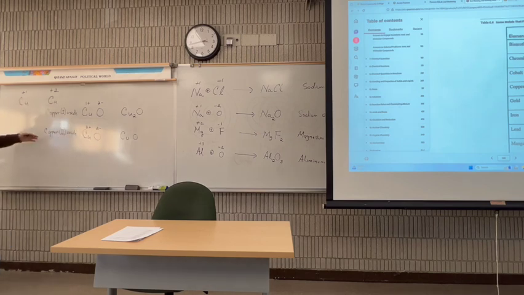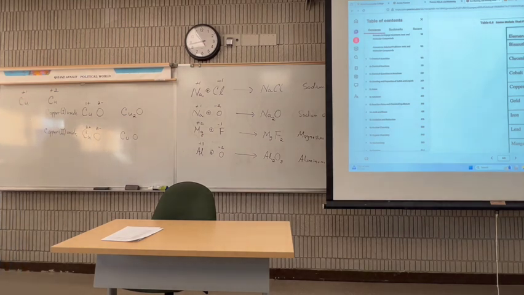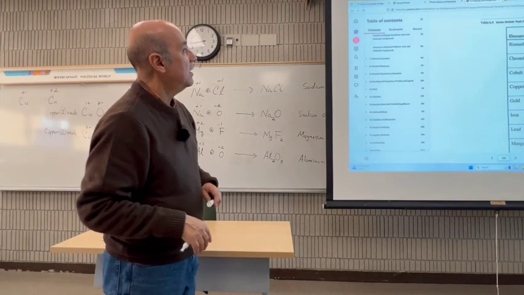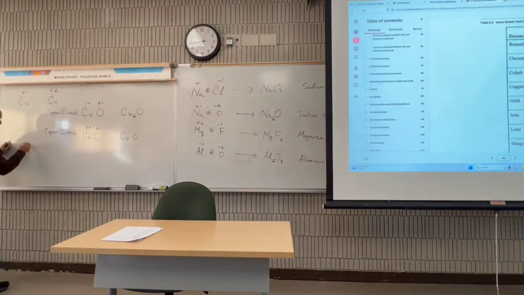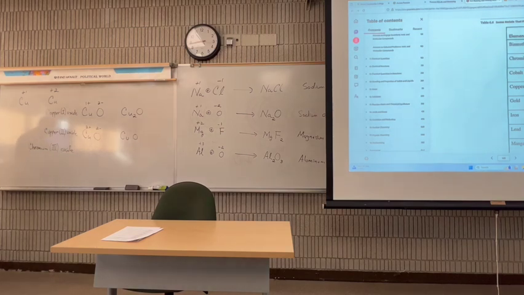Now if I were to give you the name of a compound and I want you to write the formula, I hope you would be able to. This is now raising the bar and making things a little bit more difficult. So let's write the formula for chromium(III) oxide.